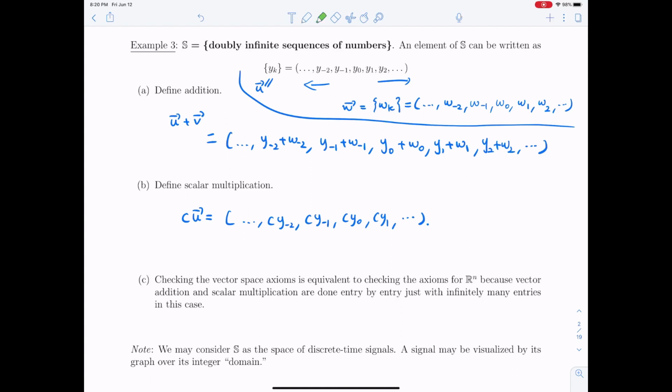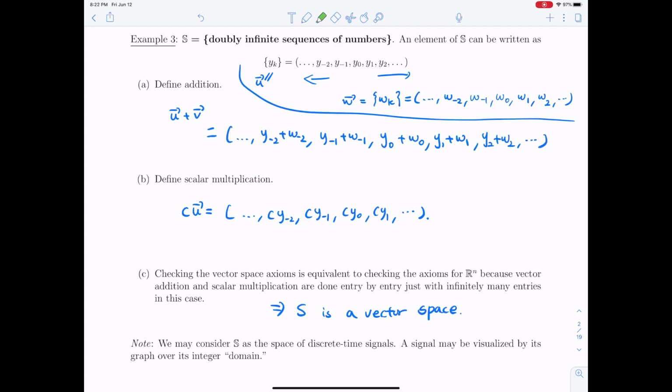So note that we define the vector addition and scalar multiplication component-wise. So checking the vector axioms is equivalent to checking the axioms for R to the n, the usual Euclidean vector space. So this tells you that the given space S is a vector space.